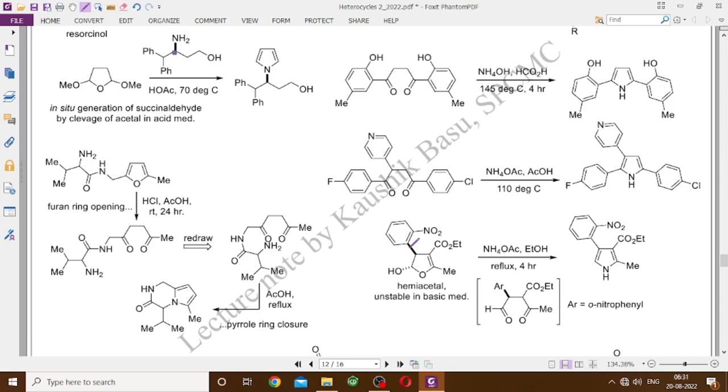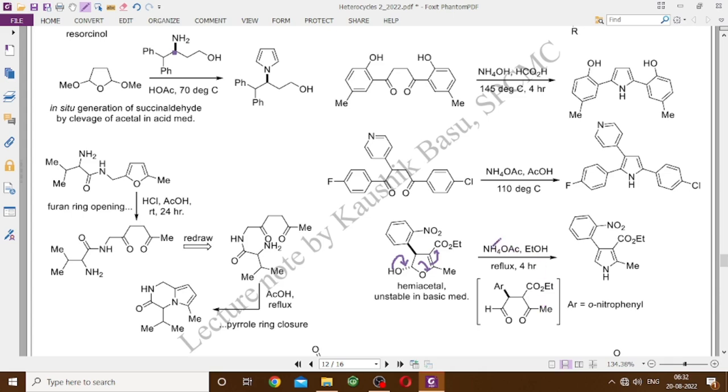This time we do not have a furan. It looks like a furan, it's kind of a dihydrofuran and it's actually a hemiacetal. So this time if you treat this with ammonium acetate in ethanol, this ring will open up so that I get the corresponding aldehyde derivative, and when this opens up this actually generates the carbonyl on the other side, so I get this nice 1,4-dicarbonyl where one end is aldehyde, the other end is the keto.